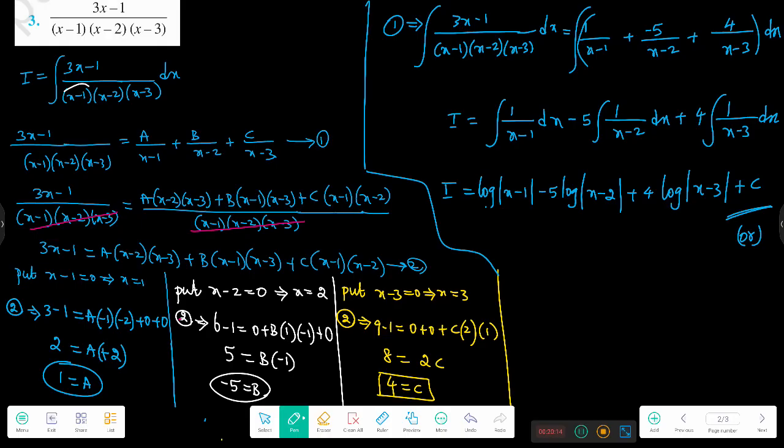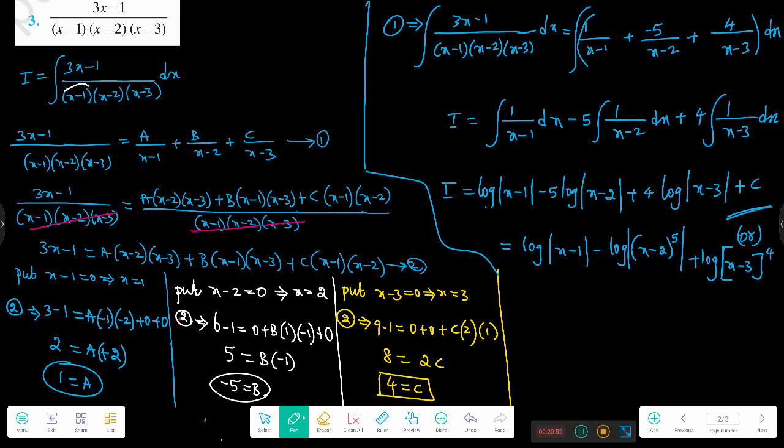The 5 you can take, and 4 also you can take, like this. So log of x minus 1, minus, 5 when you take it, x minus 2 whole power 5, with modulus since 5 is an odd power, and log of x minus 3 whole power 4.